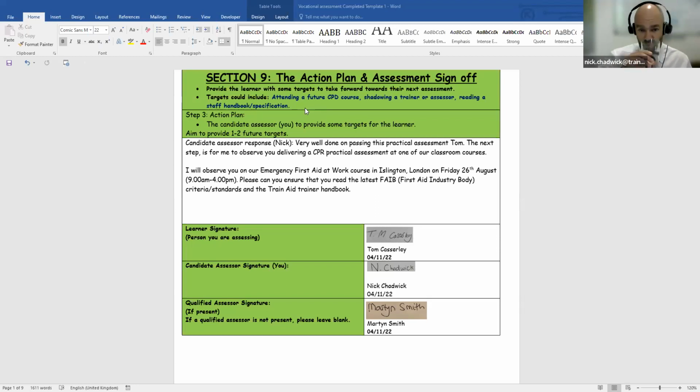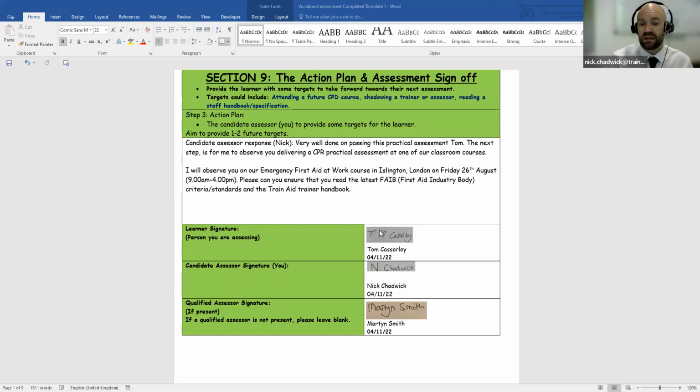So as we can see here, my target for Tom is I will observe him on one of our first aid courses in the future, and for him to read the latest updates of the first aid industry handbook as well.